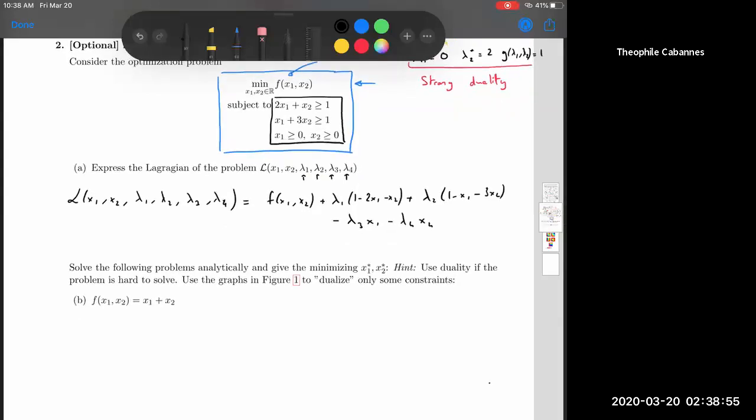And remember, this Lagrangian is a way to express your problem without any constraints.